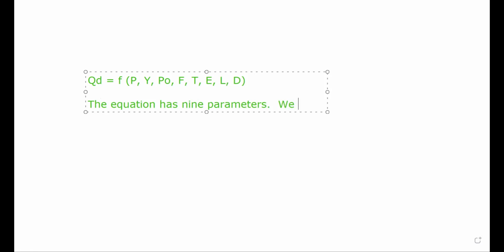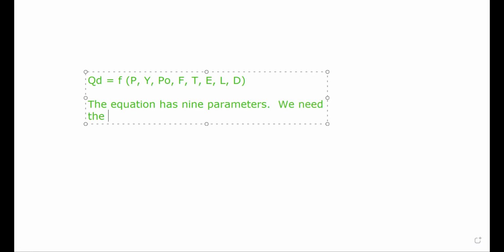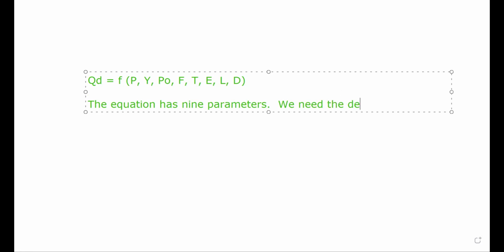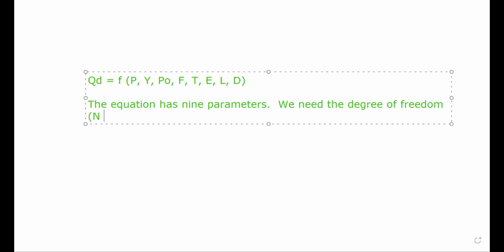We need the degrees of freedom, the difference between observations and the parameters. Here we call it K. It must be at least 16.